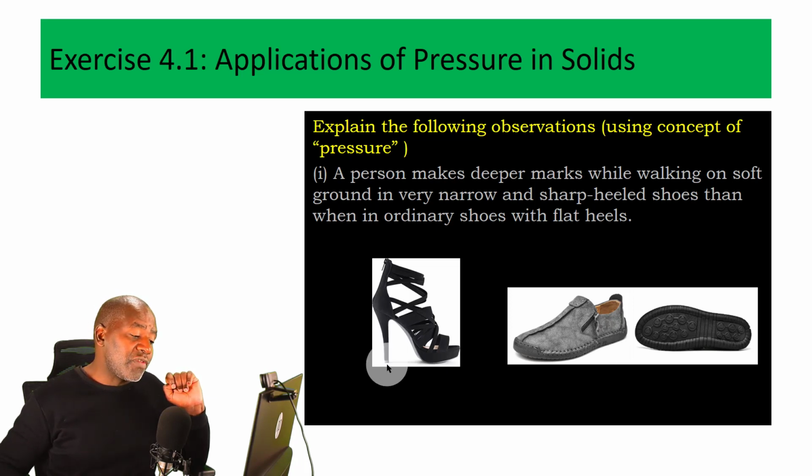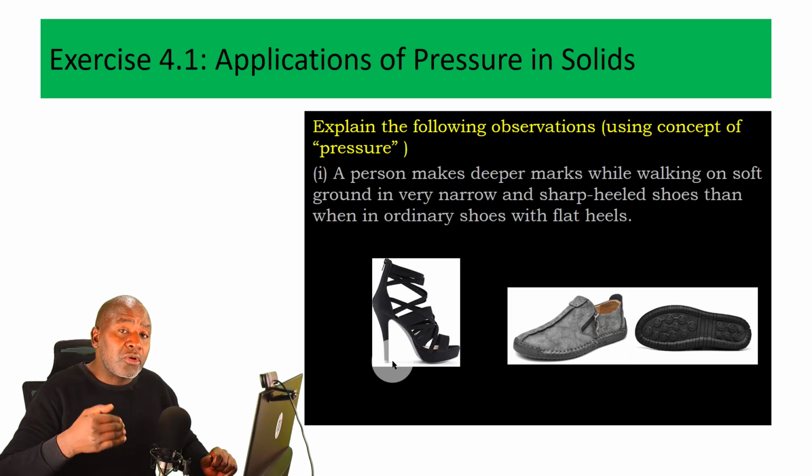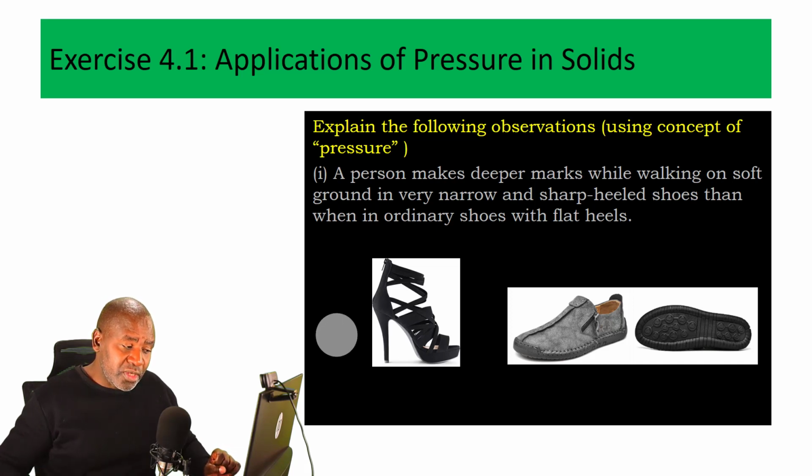It's because of the area of contact between the two objects, between the shoe and the ground. Notice that here the area of contact is very large when you're wearing flat-soled shoes than when you're putting on high-heeled shoes. As a matter of fact, the point which encounters a lot of pressure on high-heeled shoes is this one here.